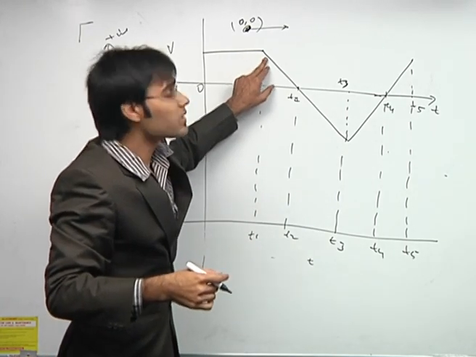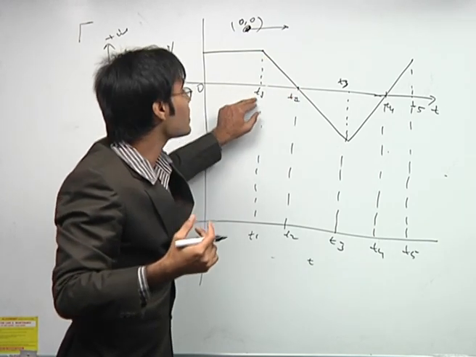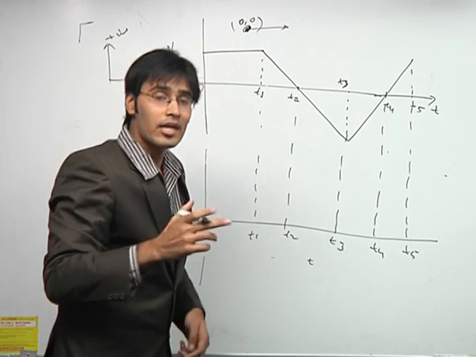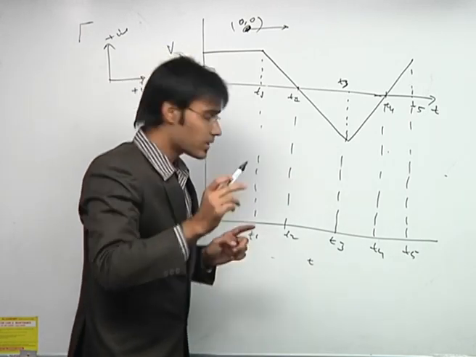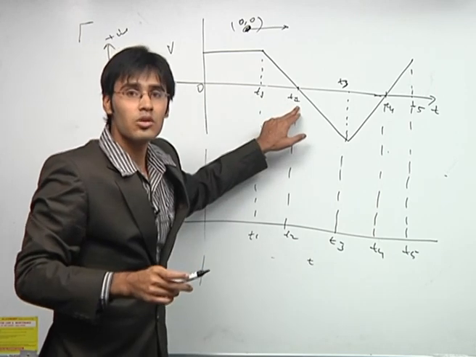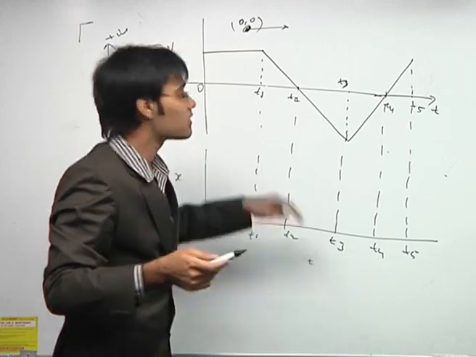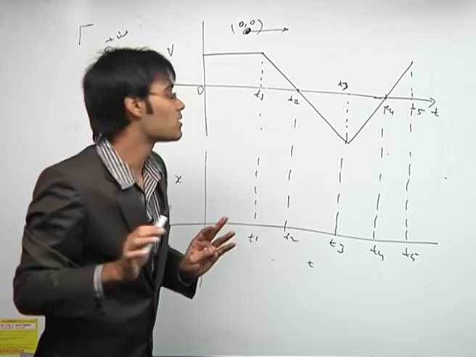Therefore, if some retarding force is applied on it, that velocity will decrease in the interval t1 and t2, but it will keep moving in the same direction. That means that the displacement keeps on increasing from 0 to t2, okay. The displacement will not decrease, it will keep on increasing between 0 to t2.